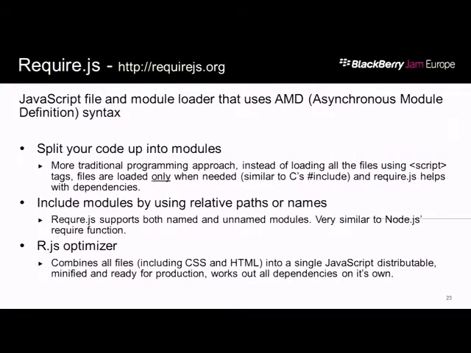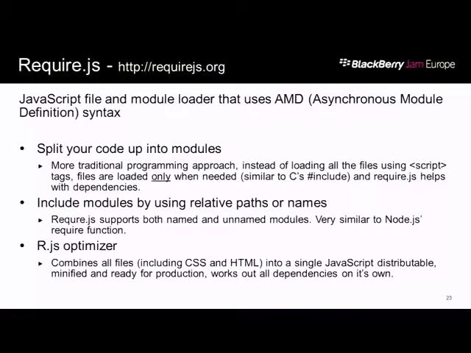So Require.js is actually a file and module loader that uses AMD, which is asynchronous module definition syntax. It lets you split your code up into smaller modules, so you're actually making more reusable code. So it allows you to take your modules and you can use them with relative paths or absolute paths if you want to.